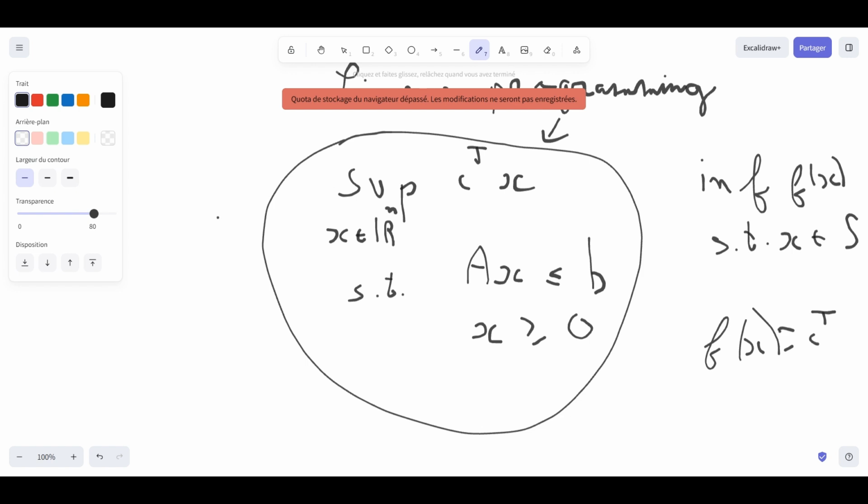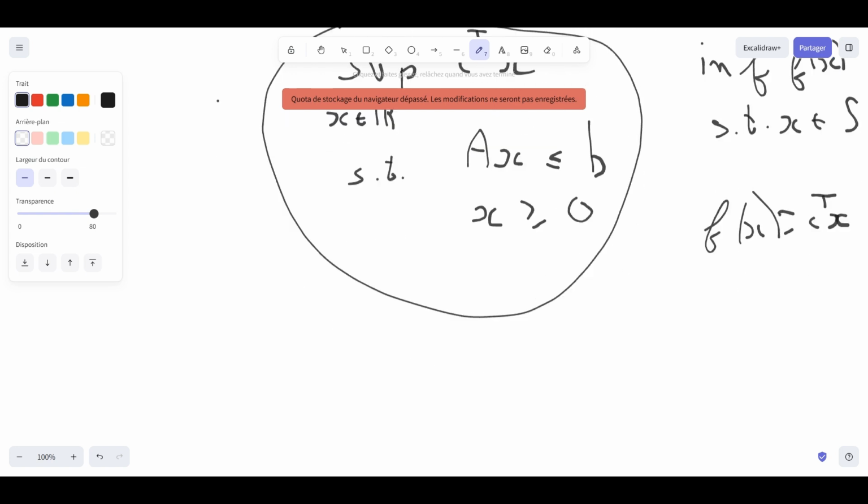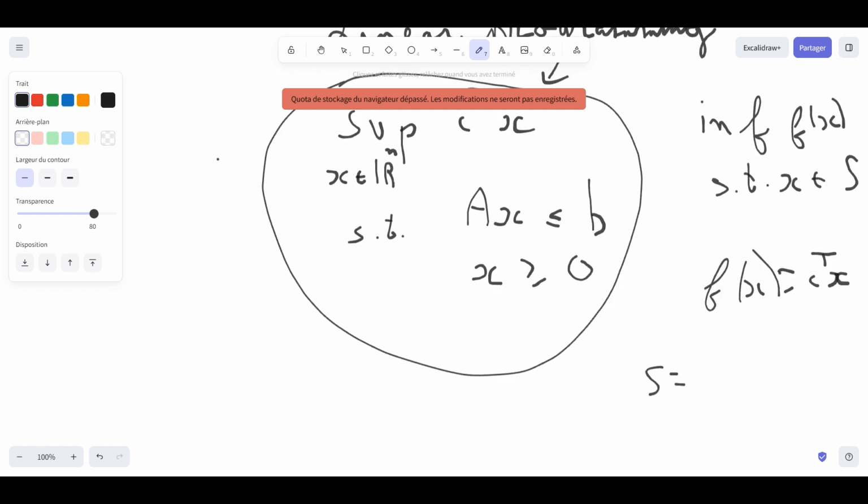And S here is the set of x satisfying those two conditions.